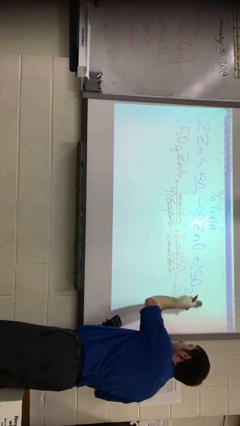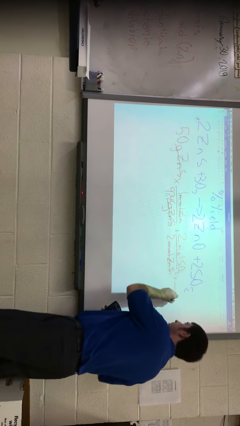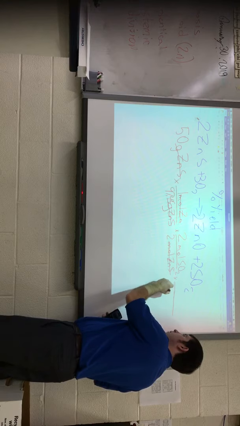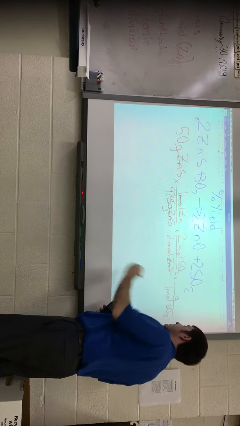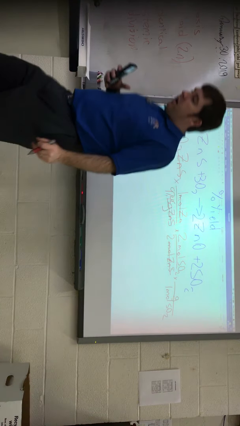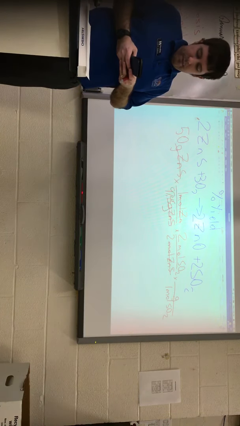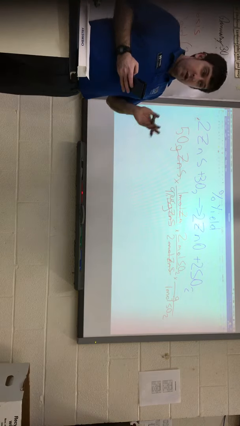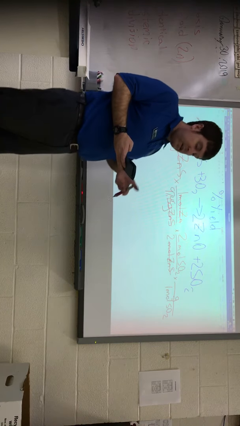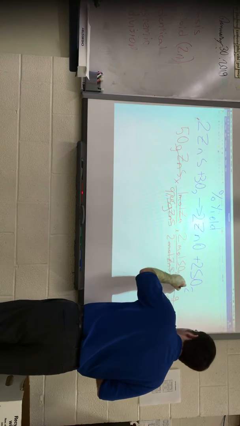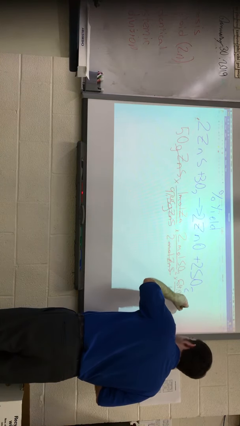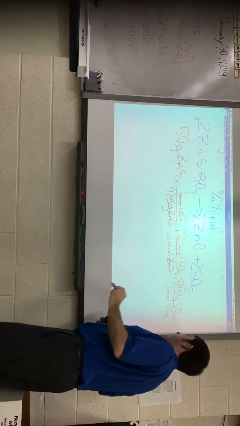Move this out of the way so we have more room. We have 1 mole of sulfur dioxide is how many grams? Well, we just said that sulfur is 32.07. 2 oxygens would be 32. It's 16 for oxygen, 2 of them. 64.07 grams sulfur dioxide.